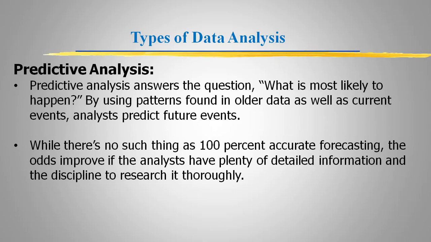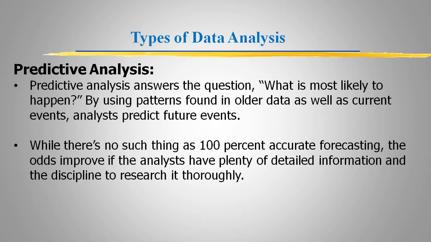Next is predictive analysis. It says what is most likely to happen, what can happen next, that is your prediction. You say that it is going to rain in the next 24 hours. These are predictions, right? By using patterns found in older data as well as current events, analysts predict future events. So they analyze both your past records as well as your present records, and then identify your future records.